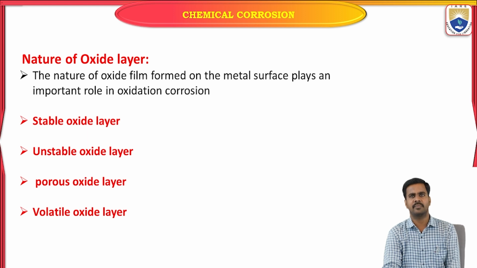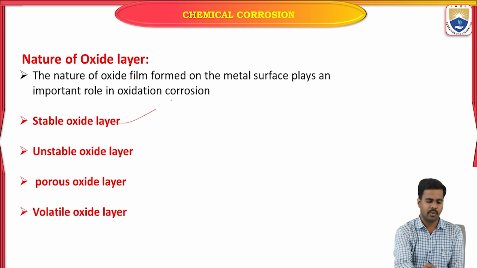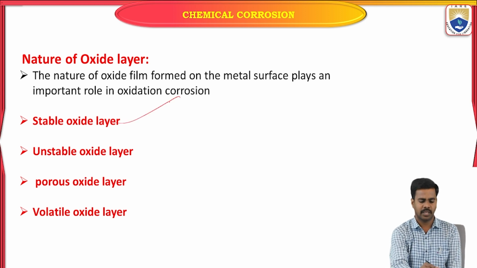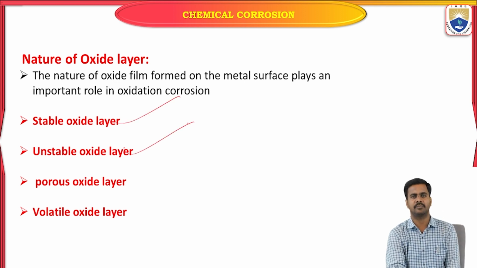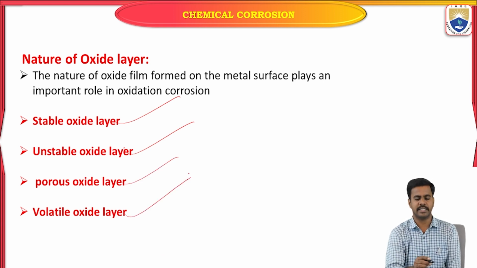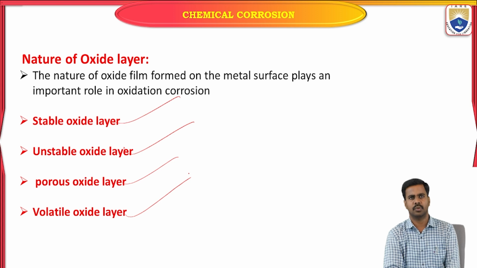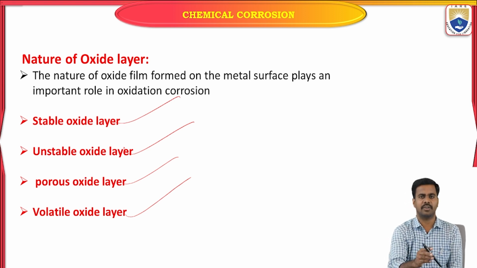We can classify these metal oxide films in the following ways: stable oxide layer, unstable oxide layer, porous oxide layer, and volatile oxide layer. So these four types of metal oxide layers are formed on the surface of the metal depending on the type of metal and the type of chemicals present in the environment.